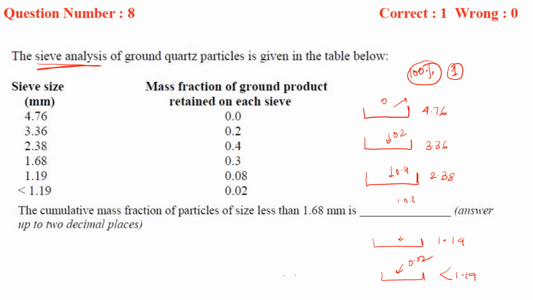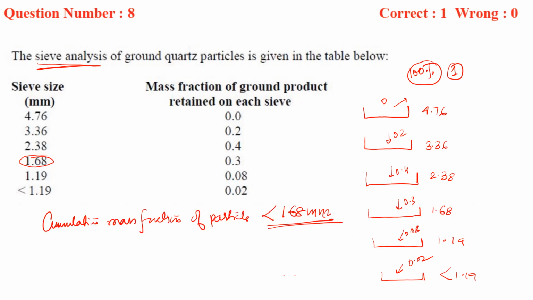So if you see the sieve size 1.68 mm, that means the particles retained will be just above 1.68, right? Whatever quantity of material flows through 1.68 will be counted as being of lesser size than 1.68. So the next sieves are 1.19 and less than 1.19.